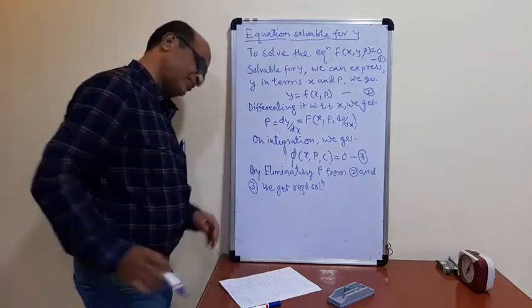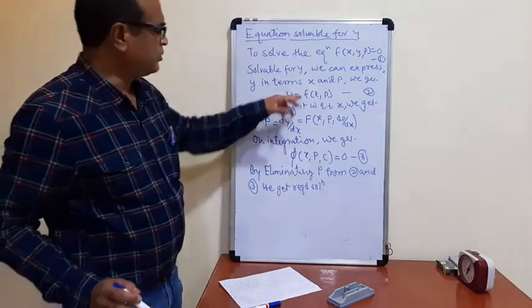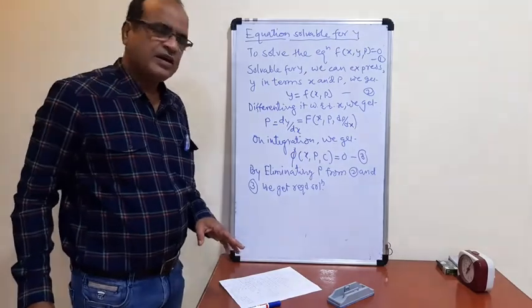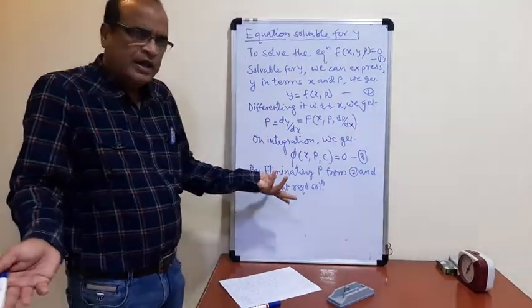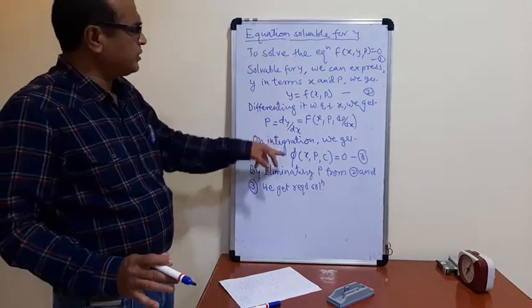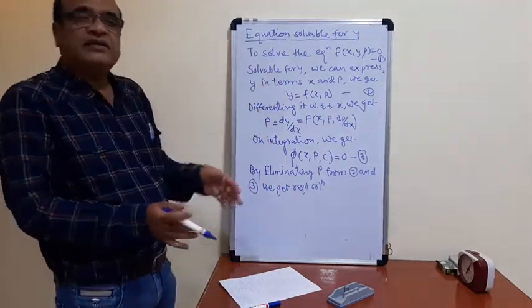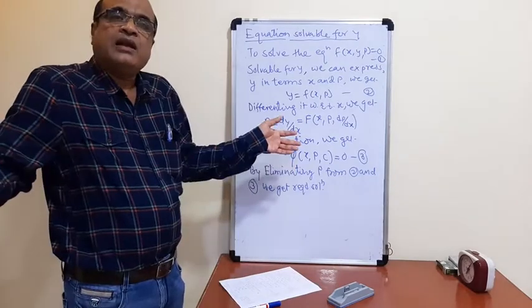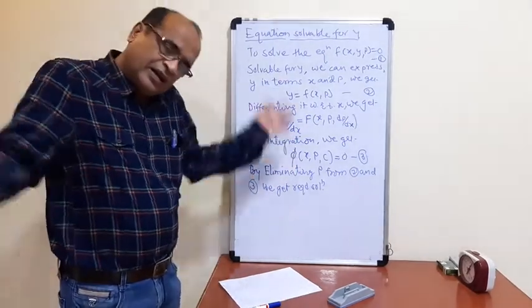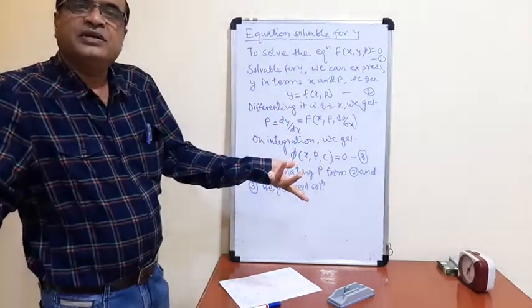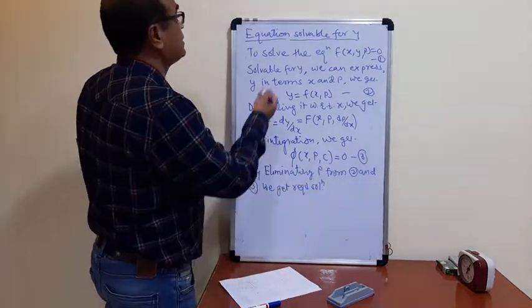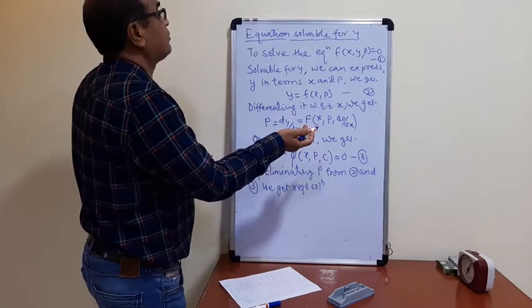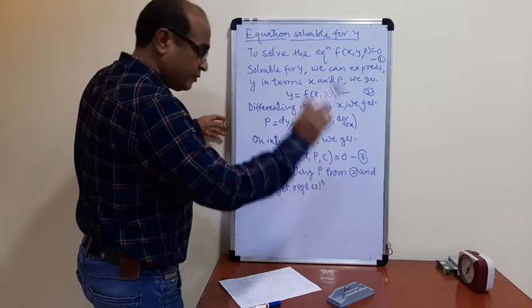Similarly, if p is not eliminated from those equations, then we obtain a separate solution, and these two solutions taken together are the complete solution. So this is the method of solving equations solvable for y.